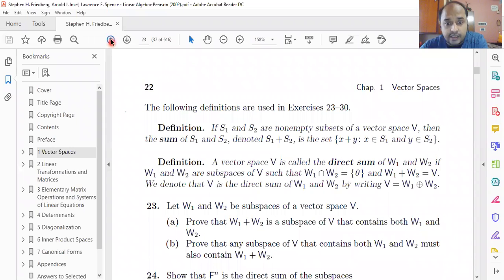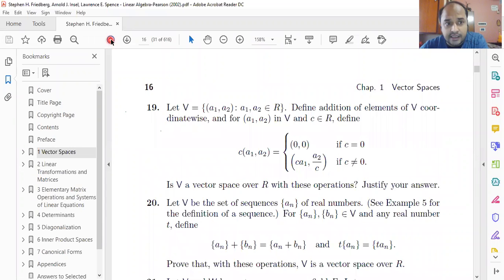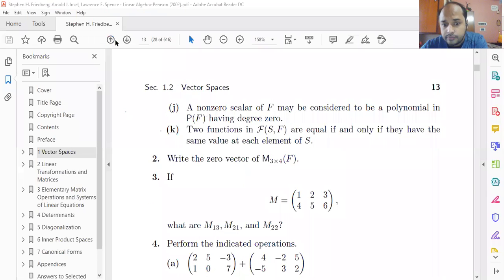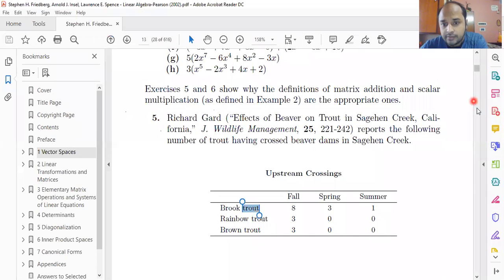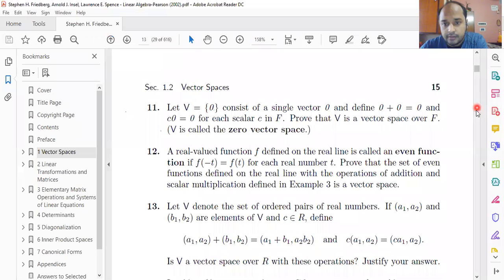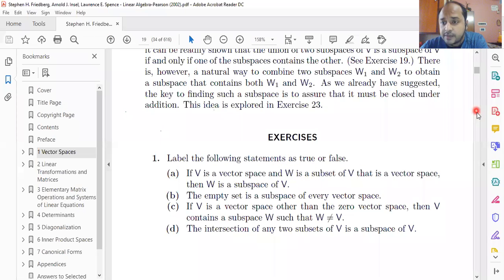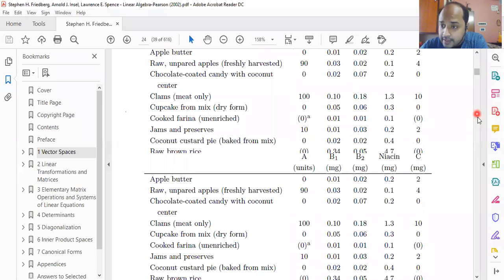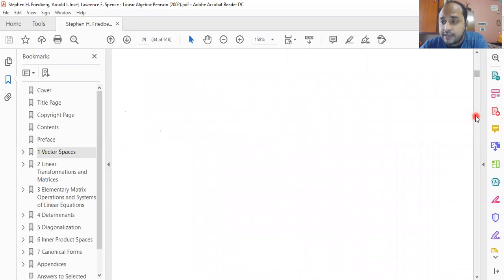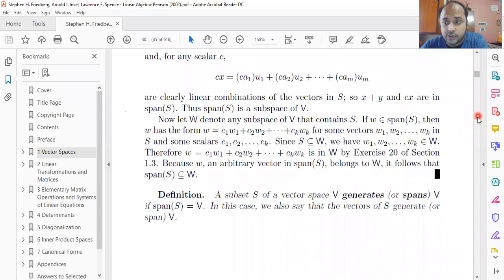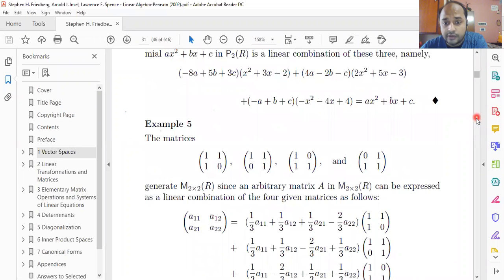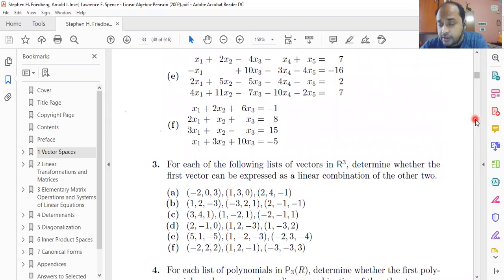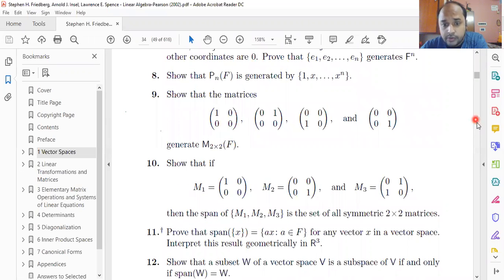Since U3 has been expressed as a linear combination of U1, U2, U4, this implies that the zero vector has been expressed in terms of a linear combination of the vectors U1, U2, U4.